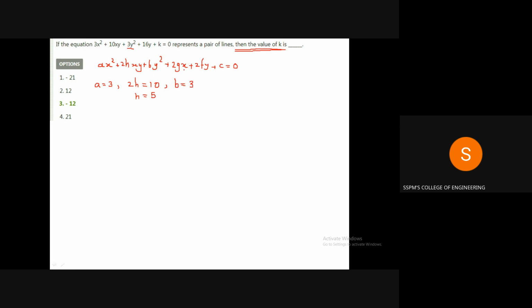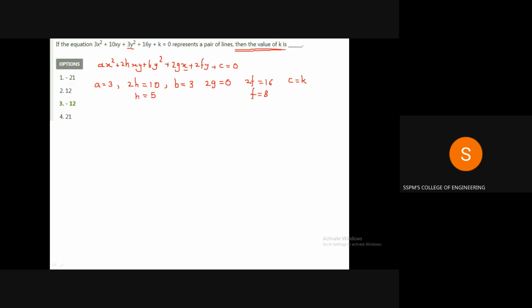Then 2gx: the coefficient of x is 2g, but here you do not see the term that includes x, so 2g must be 0. The next term is 2fy, and the coefficient of y is 16 in the question, so 2f is equal to 16, which means f is equal to 8. And c is this constant, so c is equal to k.